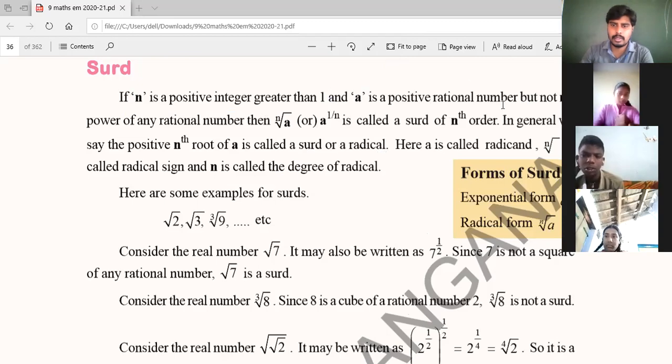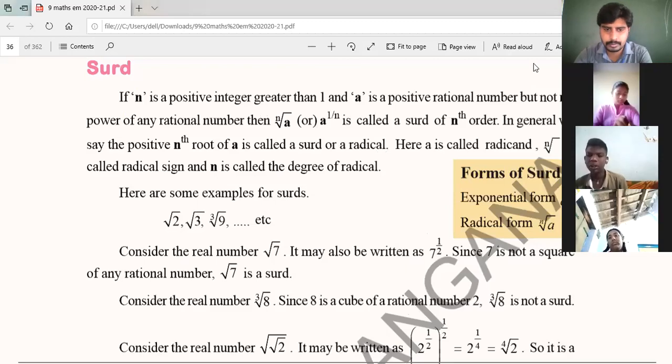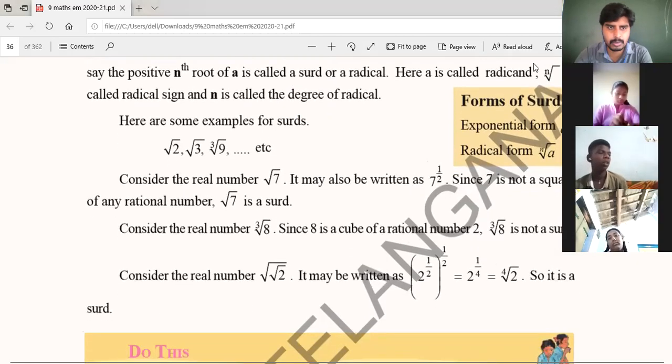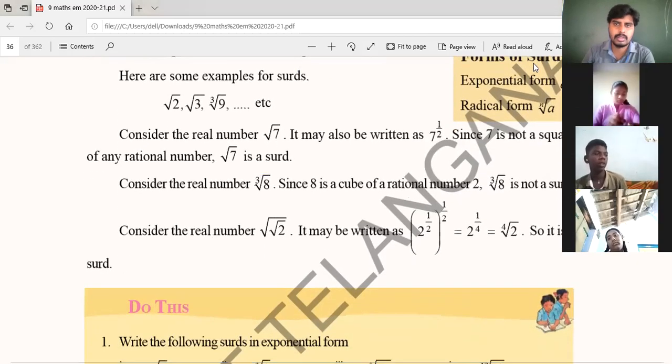Next, a power n is called exponential form, and nth root a is called radical form, or surd. You can see some examples here: root 2, root 3, cube root 9.